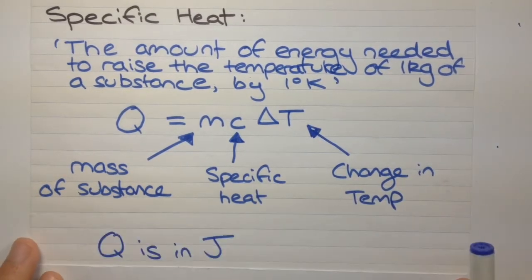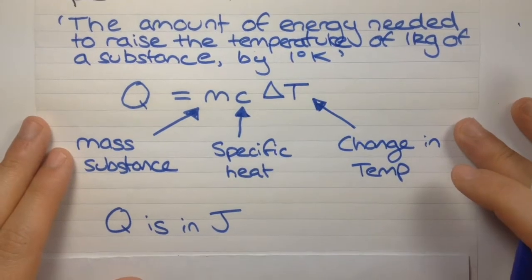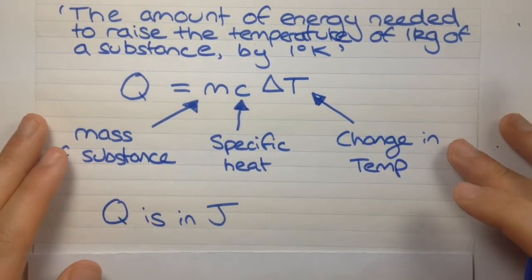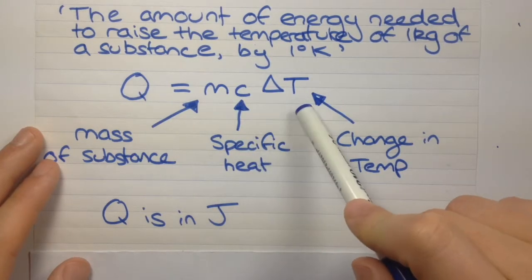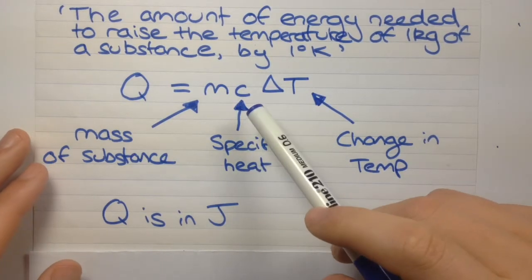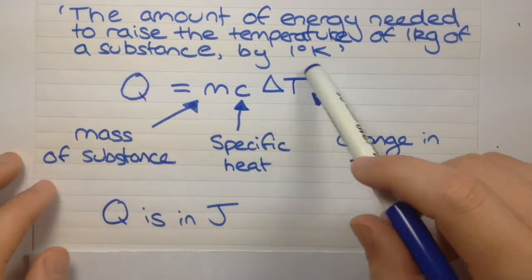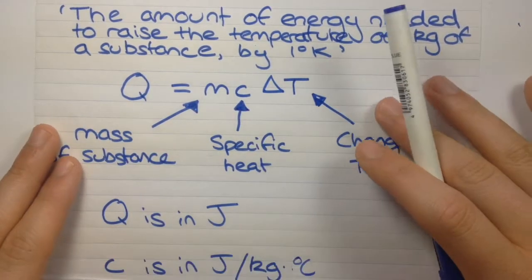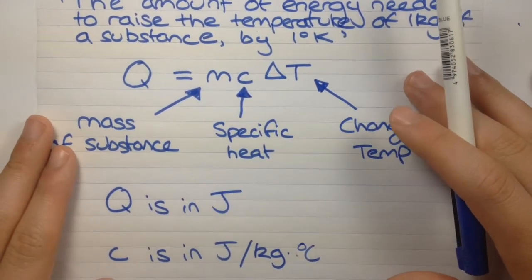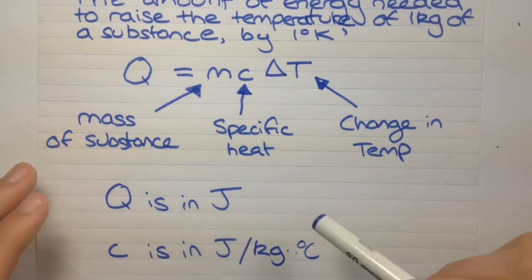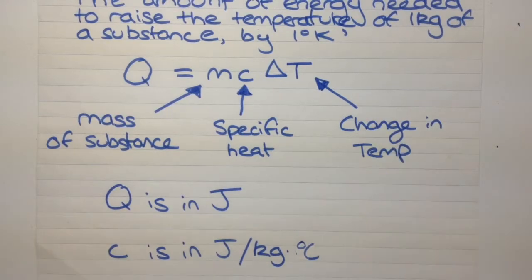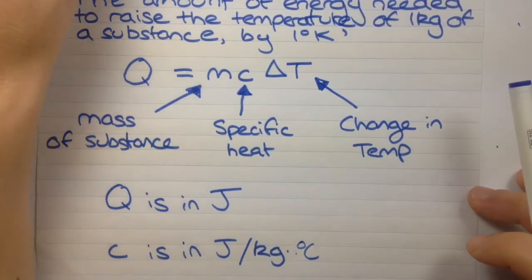Just quickly, the heat transfer will be in joules, which means that as mass is in kilograms and temperature is in degrees C, to make sure that when we multiply the three we get joules, specific heat is given in joules per kilogram dot degrees C. Right, so let's look at how we use this formula in an example.